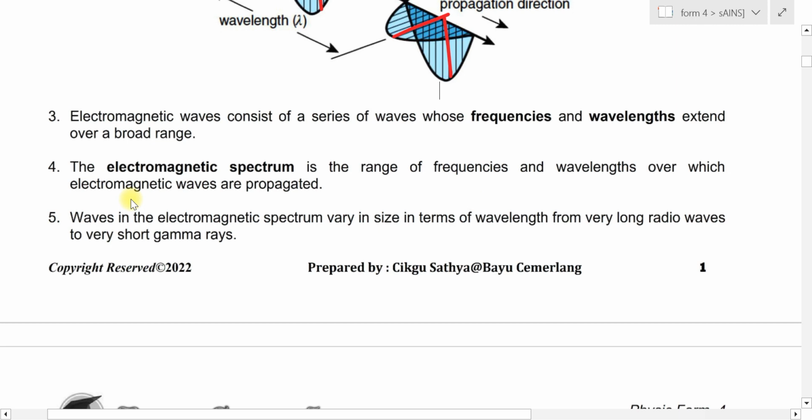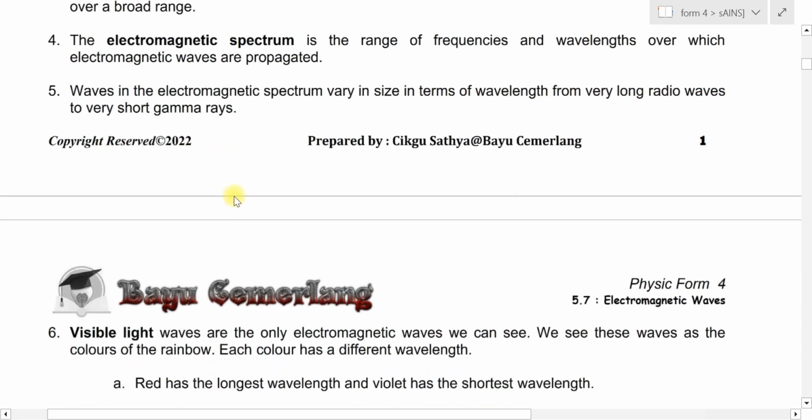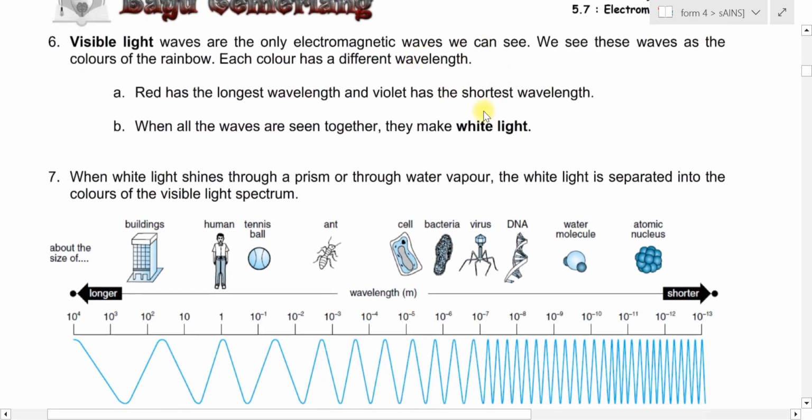Yang panjang. Okay, the electromagnetic spectrum is the range of frequency and wavelength over which electromagnetic waves are propagated. Wave in electromagnetic spectrum vary in size in terms of wavelength from very long radio wave and very very short gamma. Jadi kita akan tengok benda-benda ni rather than we see this.